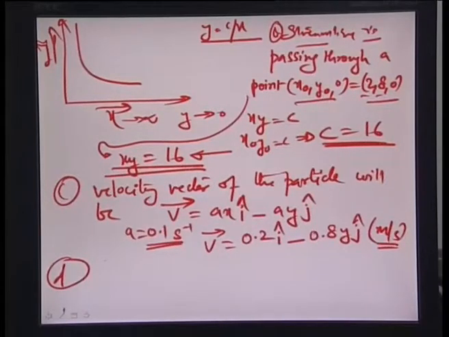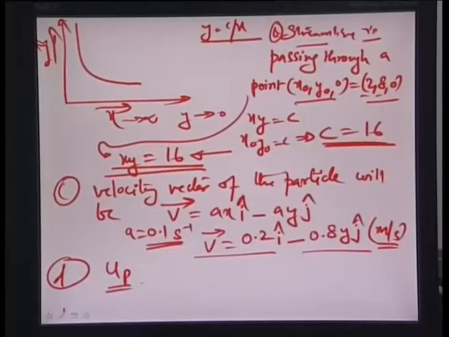The velocity as we know here from the earlier equation is given by 0.2 i minus 0.8 j. Okay. And essentially we have to see that at the new position we have to first calculate what the new position really would be if we assume this velocity.